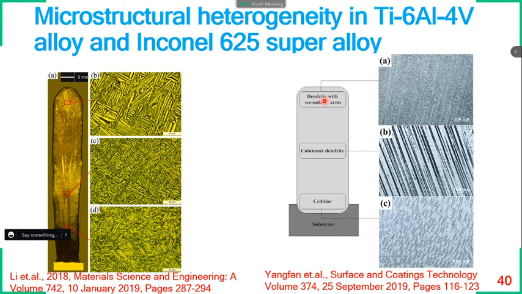Not only in wire arc, even in powder based processes it is very hard to expect uniform microstructural homogeneity, due to which the material tends to behave anisotropically. Anisotropic means the properties change with respect to direction, which we are going to cover next Friday. So let us remember a term, anisotropy.